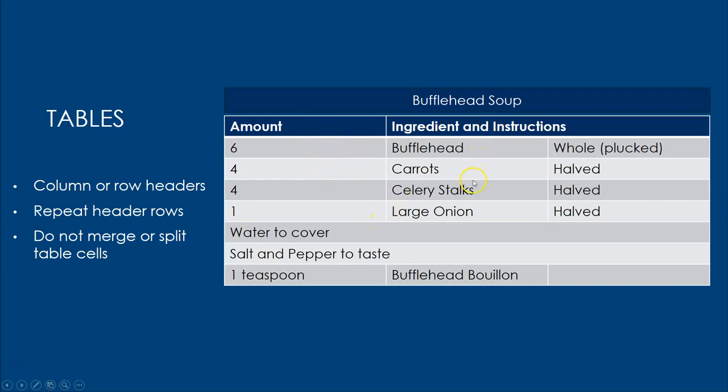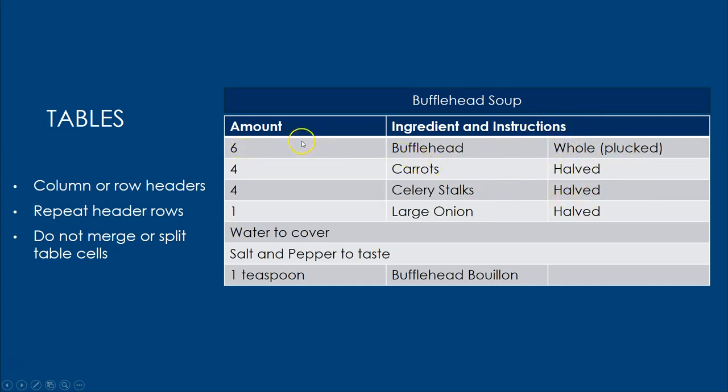I'd want the number of rows and columns to be consistent, that way the headers for each of the columns are matching up. Right now I've got the amount, and that works for the first three, and then I've got ingredients and instructions combined together, so that no longer matches what's over here.